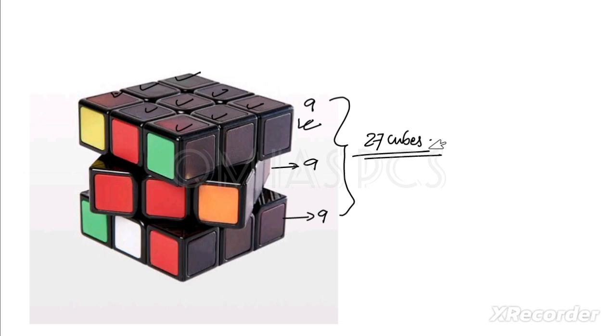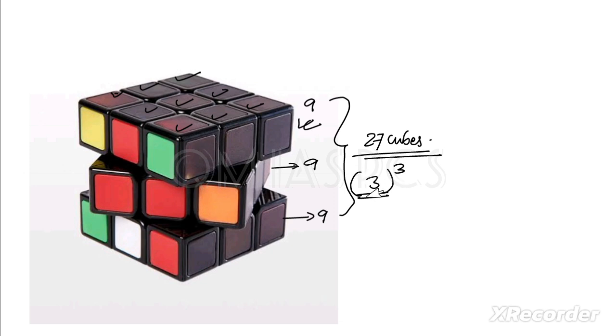Now here is a formula. If there are 3 cubes on the length side, 3 cubes on the breadth side, and 3 cubes on the height side, then simply it is 3 to the power 3, 3 cube. 3 is the number of cubes on one side. This is for a cube, not a cuboid, right now I am talking about the cube.